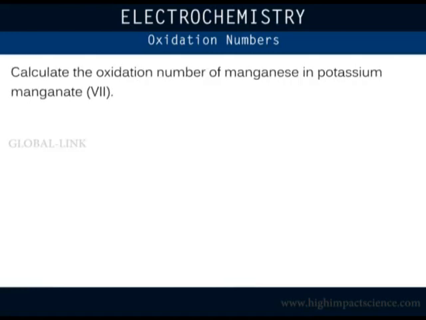Let's take an example. Calculate the oxidation number of manganese in potassium manganate 7. So in potassium manganate 7, there is 1 potassium atom plus 1 manganese atom plus 4 oxygen atoms, and that should give us 0.